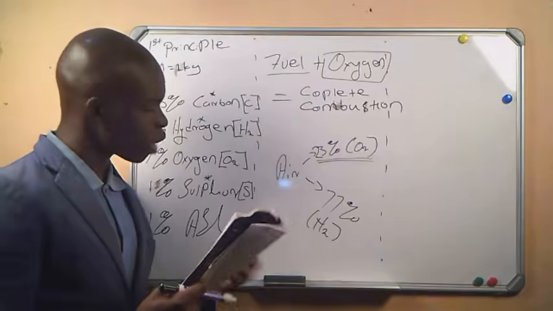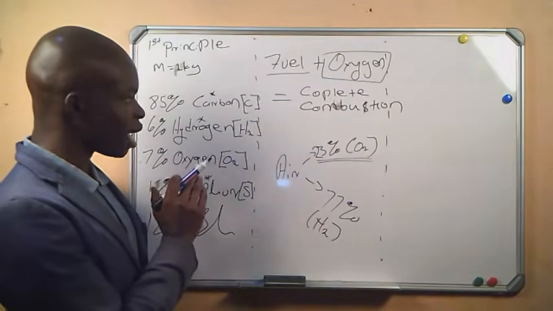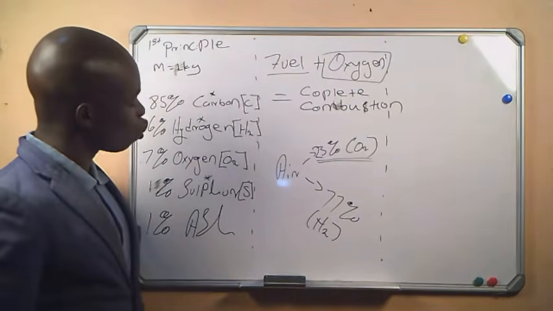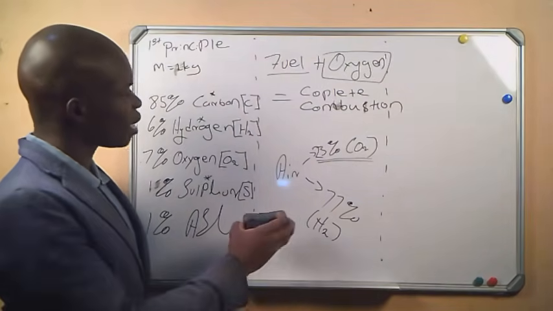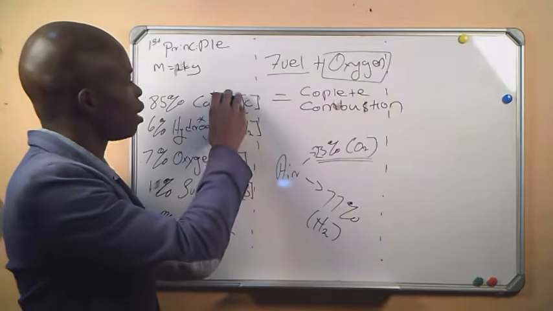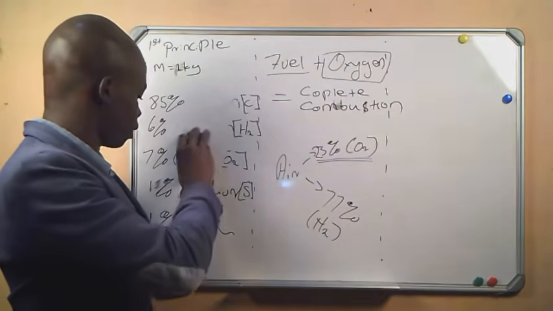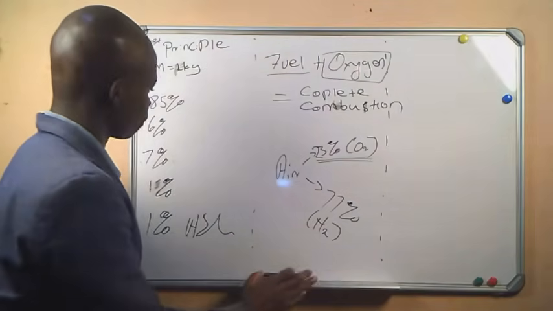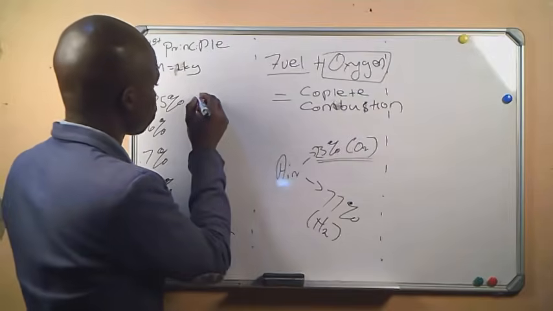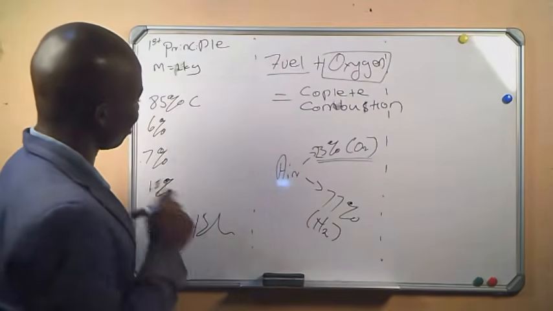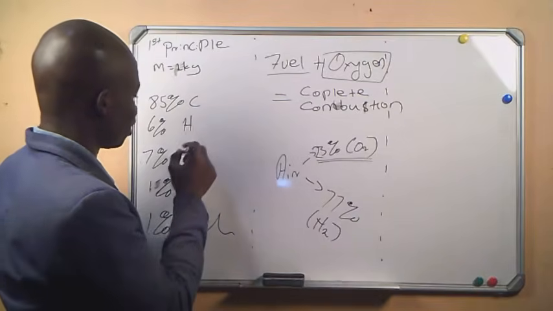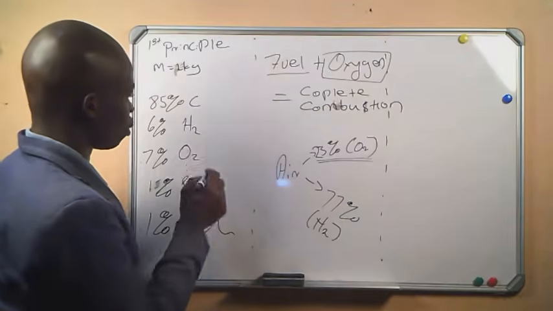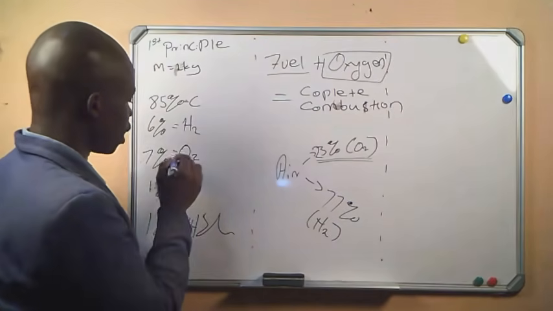And they say the atomic masses are carbon 12, and these are the atomic masses of the molecules they gave us. Since there is a shorter way of writing them, let's erase these names to create space. So it's carbon, hydrogen, oxygen, and sulfur.